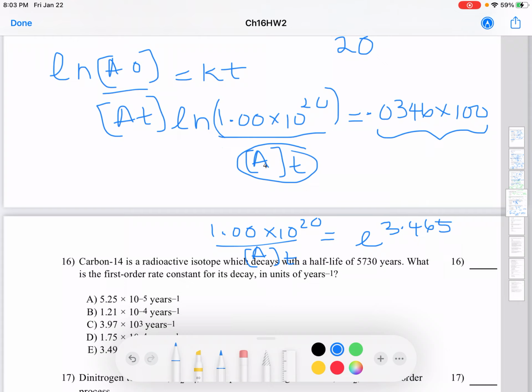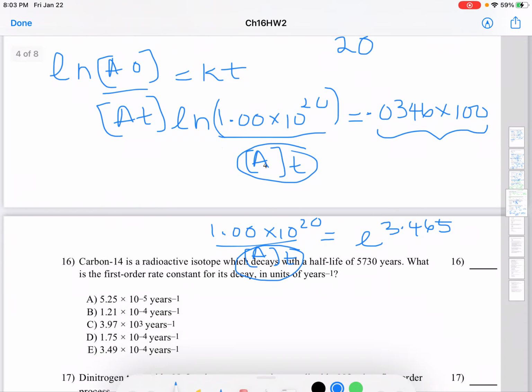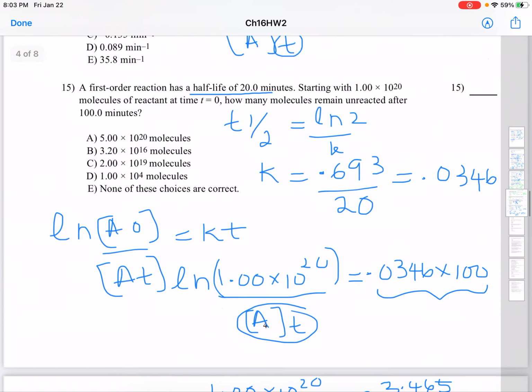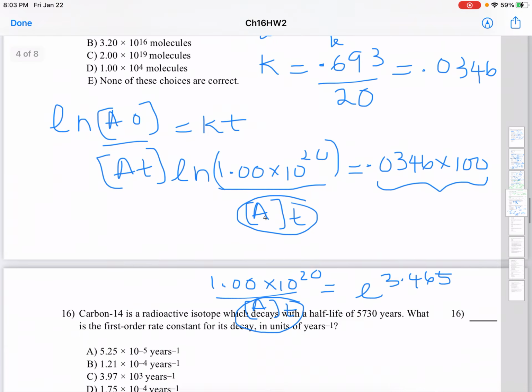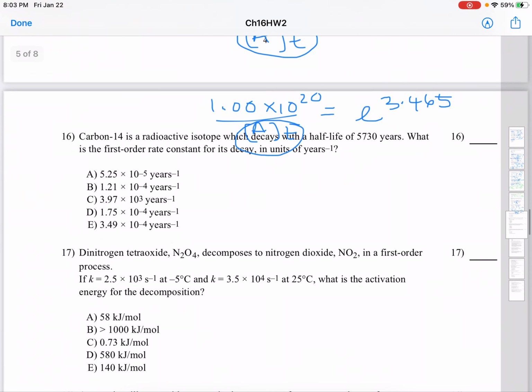Find the anti-ln of 3.465, and then find what At is going to be. And if it falls to any of these answers, you have the answer, but if whatever answer you get is not one of these choices, then it's going to be none of these choices. Okay, that is for 15.